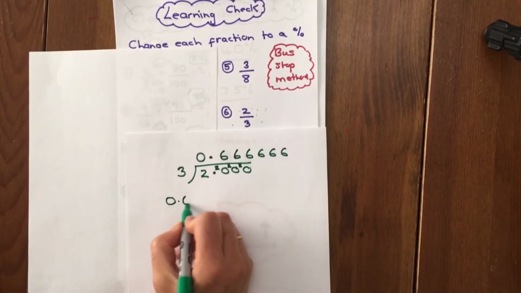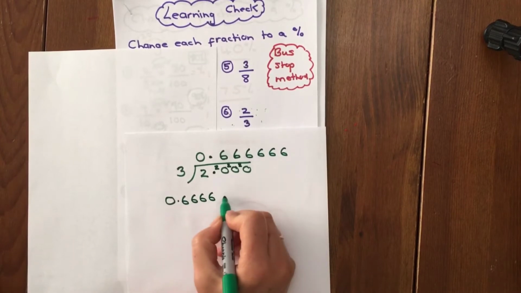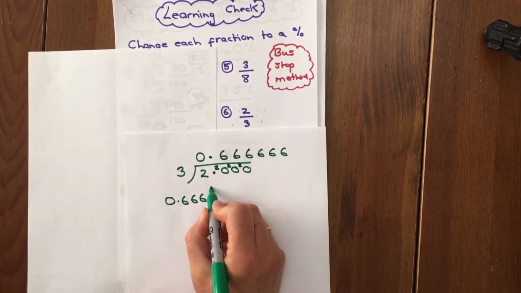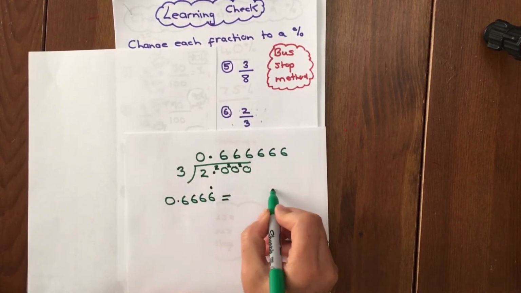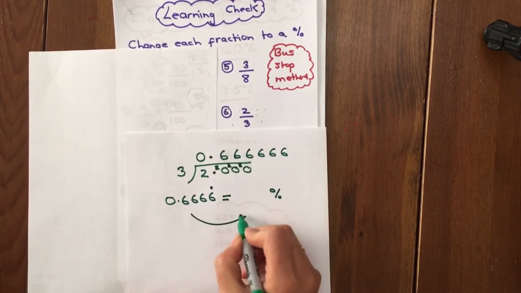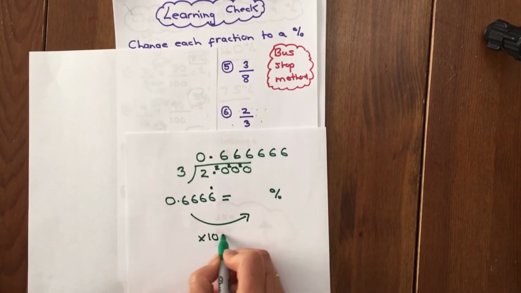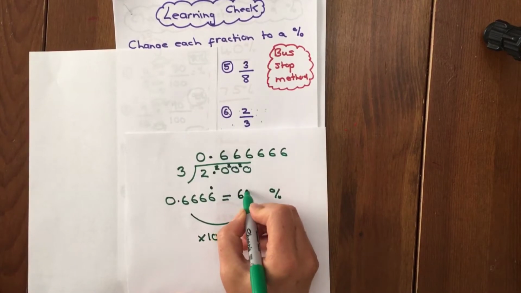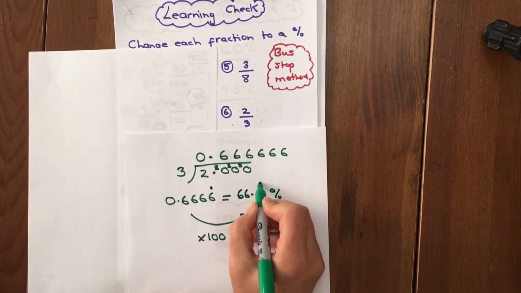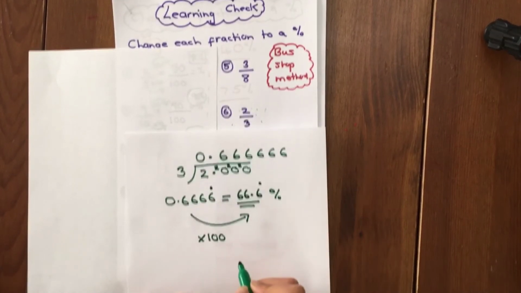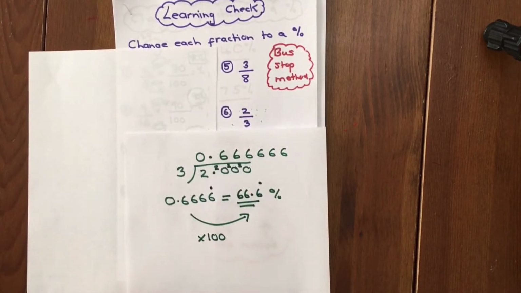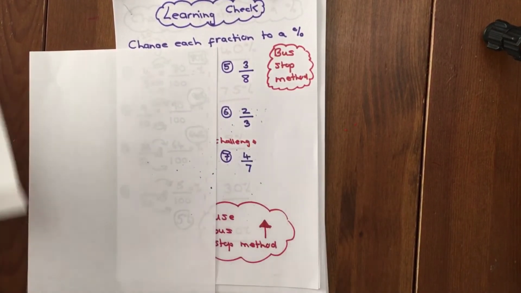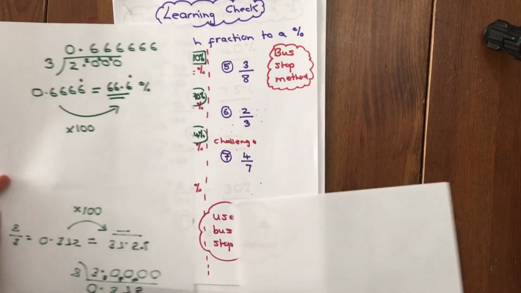So to change that into a percentage, I times by 100, and I'll get 66.6 recurring percent. Okay, well done.